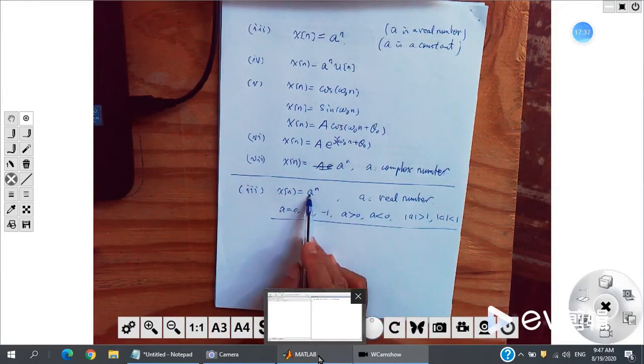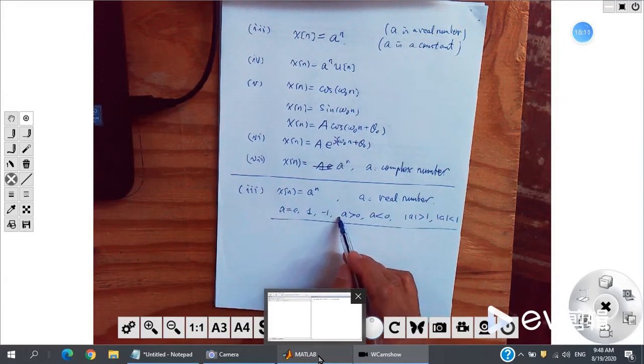If A is 0, then x is always 0, nothing. If A is 1, then it is always 1. If it is negative 1, then it alternates: when n is 0 it is 1, then negative 1, then 1, then negative 1, the power of negative 1. So it changes from 1 to negative 1 alternately. These are special cases.